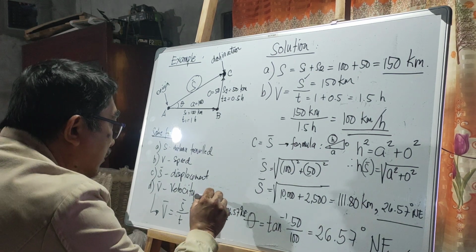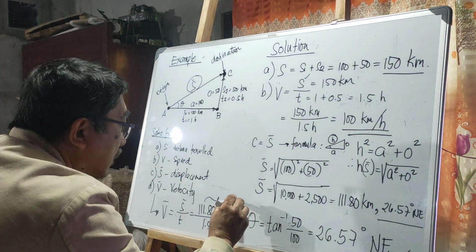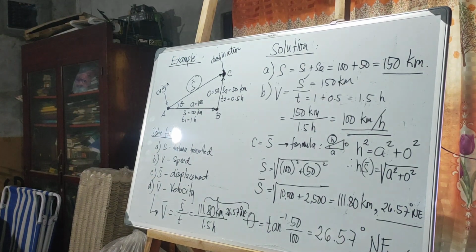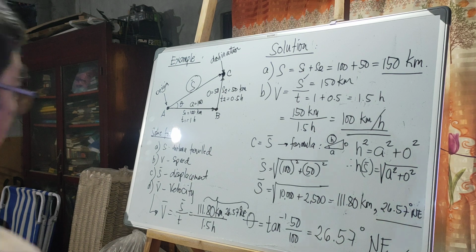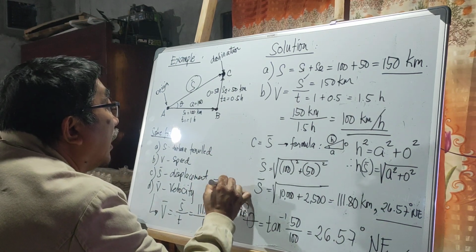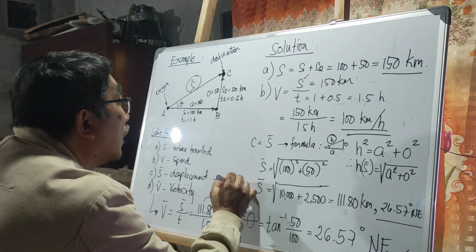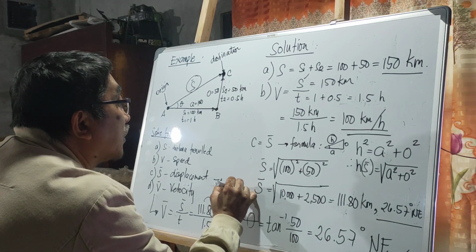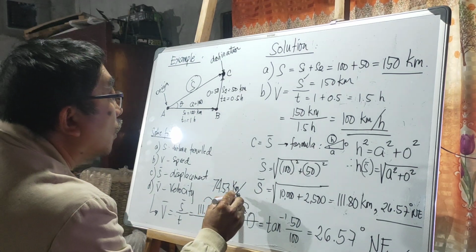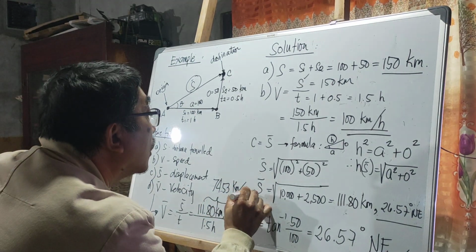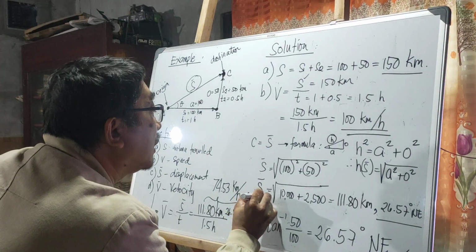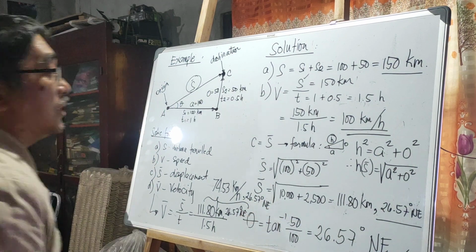Therefore, this is equivalent to 74.53 kilometers per hour at 26.57 degrees north of east.